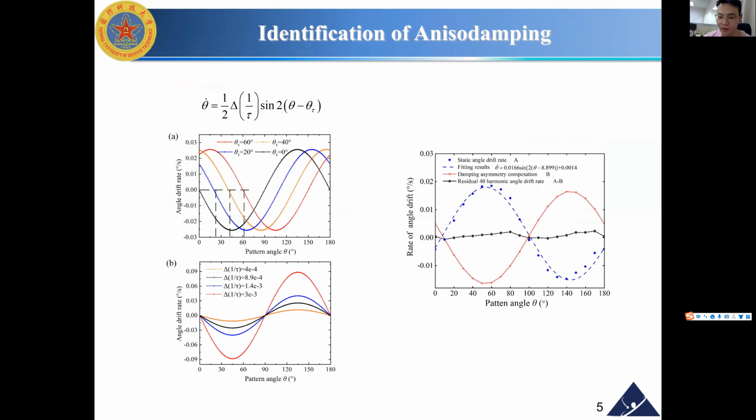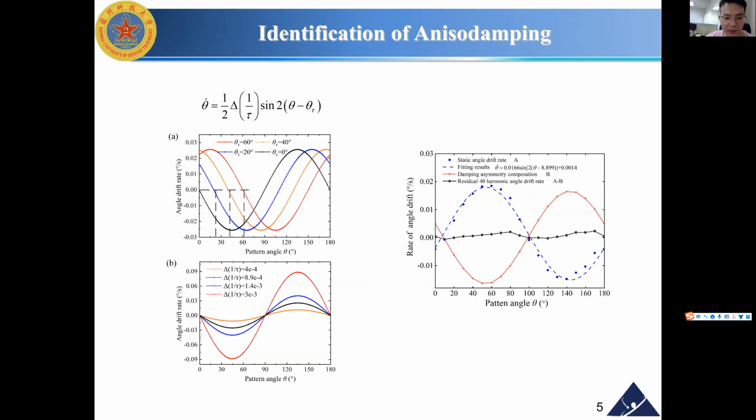The major effect of anisodamping under whole angle mode is angle drift. Therefore, the anisodamping can be identified by observing the angle drift. If we control the quadrature Q to 0 and consider the static case when omega equals 0, the angle drift rate can be expressed as theta dot equals 0.5 delta 1 divided tau sine.